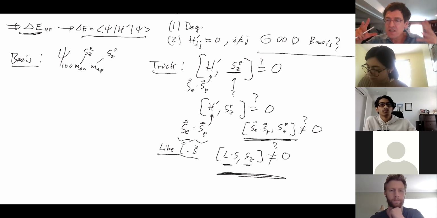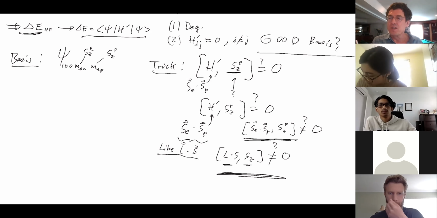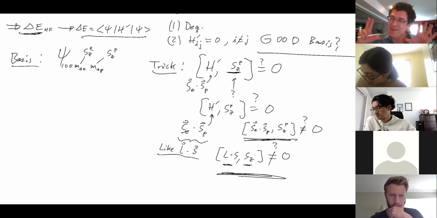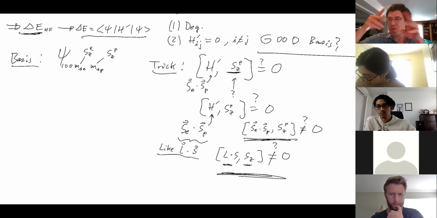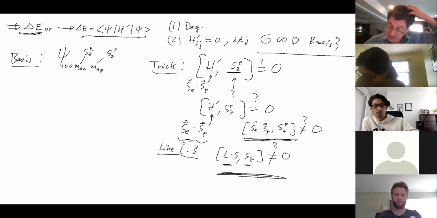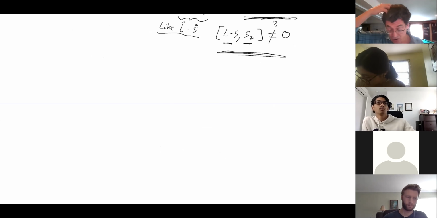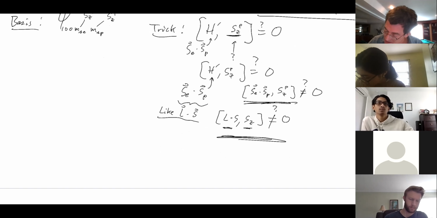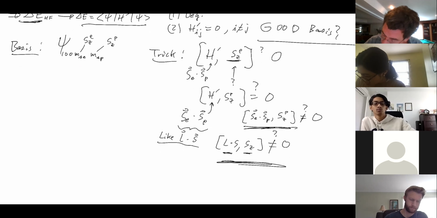So the whole logic and mathematical formalism of hyperfine is identical to the mathematics and logic of spin orbit. It's the same problem, just with different notation. I'm trying to get you to see that. Okay, good. And so that means these commutators do not equal 0.